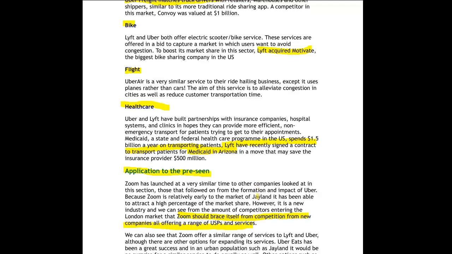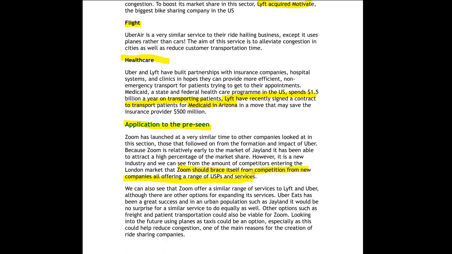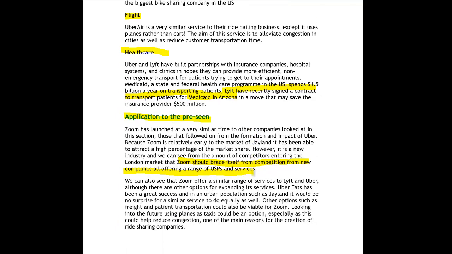Now, one of the ways they could brace themselves for that competition is to start expanding their portfolio of services. There's no reason why Zoom can't offer the same services as Lyft and Uber. We know at the moment they operate a bike sharing service as well. But what's to stop them offering a food delivery service, just as we saw with Uber Eats?